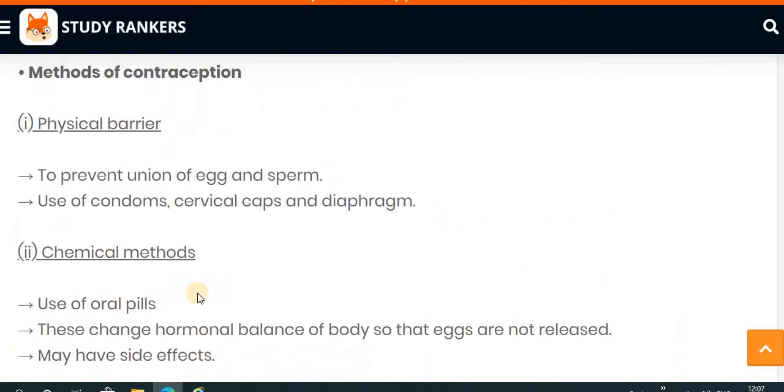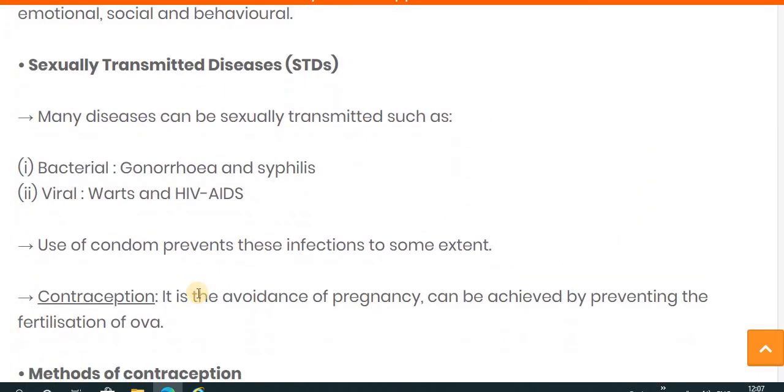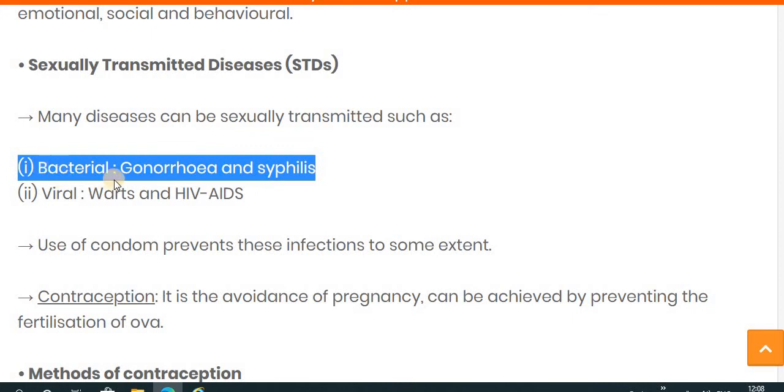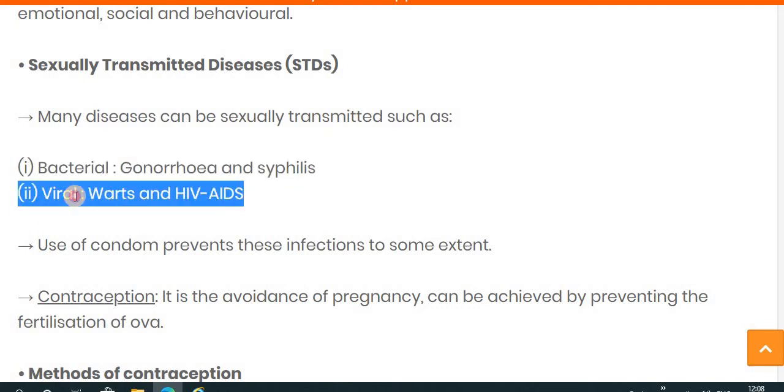Now let's revise the method. STD means sexually transmitted disease. Many diseases can be transmitted, caused by bacteria and viruses. Gonorrhea and syphilis are the two diseases caused by bacteria, and they are sexually transmitted diseases. If a virus causes the disease, it is warts and HIV AIDS; both are sexually transmitted diseases.